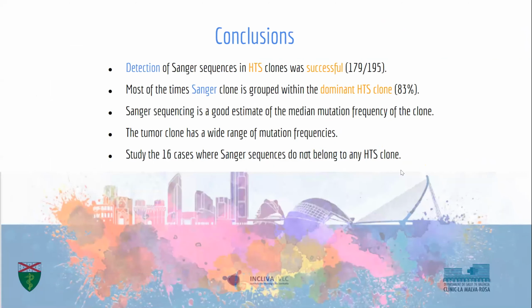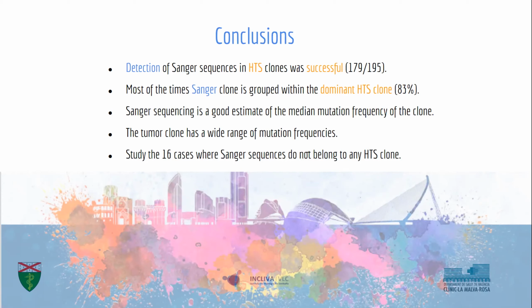Well, this is what I wanted to present, and the conclusions are that the detection of Sanger sequences, to start with, in HTS clones using this new analysis method was successful, 179 out of 195, and 83% of those successful detections were grouped within the dominant HTS clone.